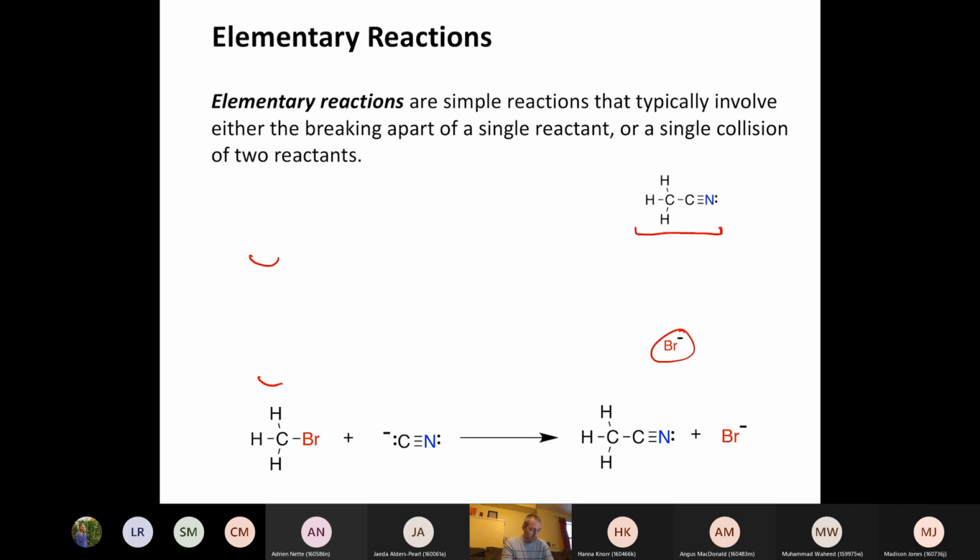So this is a reaction. The balanced equation is written down below. This is a reaction we would learn in organic chemistry. It's called an SN2 reaction, but it involved just a single collision. We call this an elementary reaction.